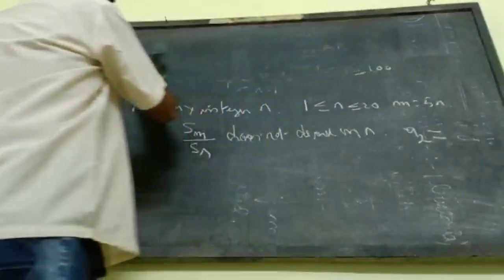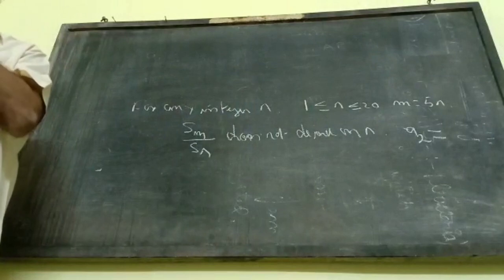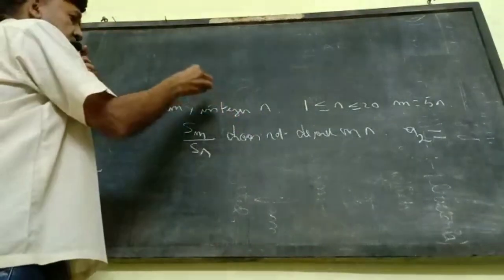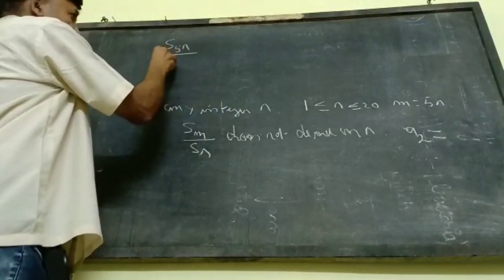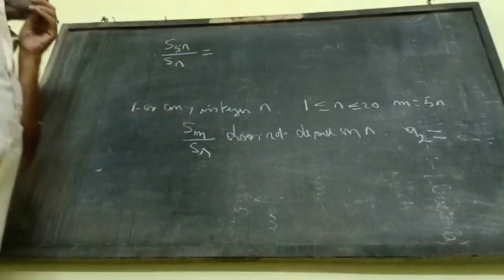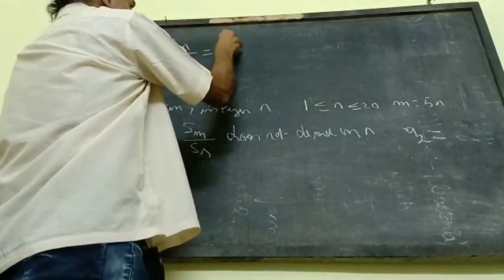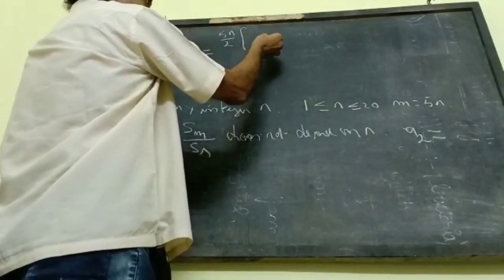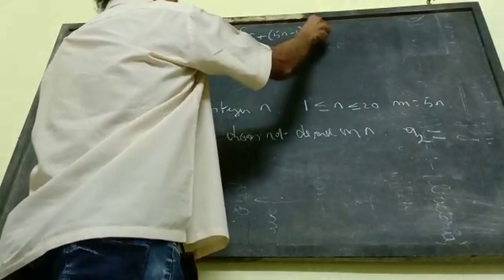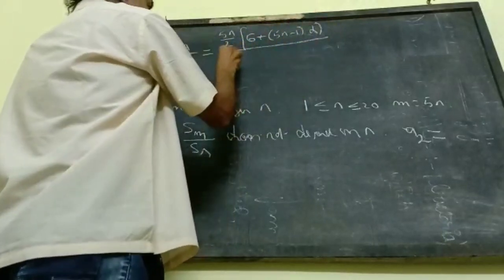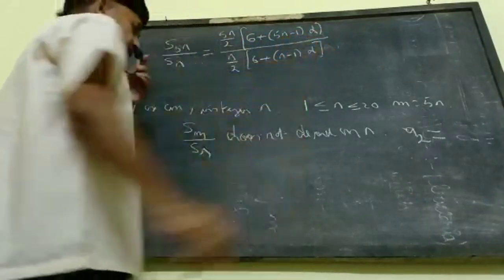So, we think like this. It's a direct question. I already did a problem like this once. You have to think in this way. M is what? 5n. Therefore, S5n by Sn must be independent of n. S5n is what? 5n by 2 into, first term is 3, so 6 plus 5n minus 1 into D, divided by n by 2 into 6 plus n minus 1 into D. Right?